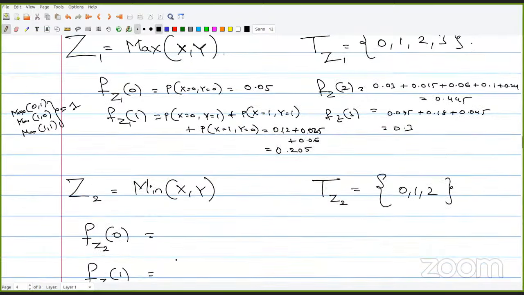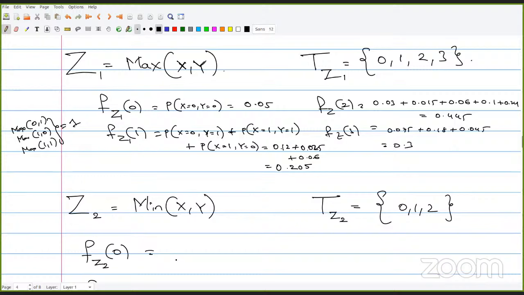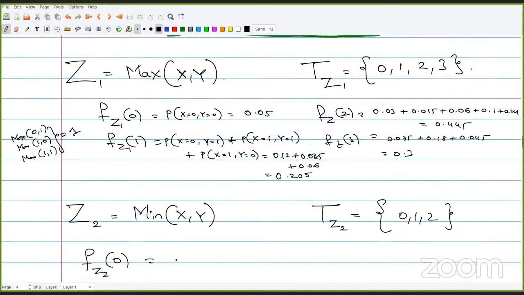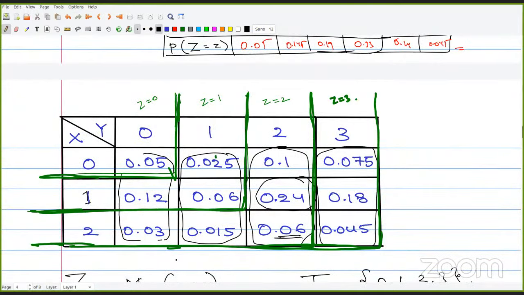Okay. So when will the minimum of x, y be 0? So what are the possible cases? 0, 1, 0, 2, 0, 3. Wherever 0 is there. Yes, wherever 0 is there. Even if one of x and y takes 0, the minimum will be 0.